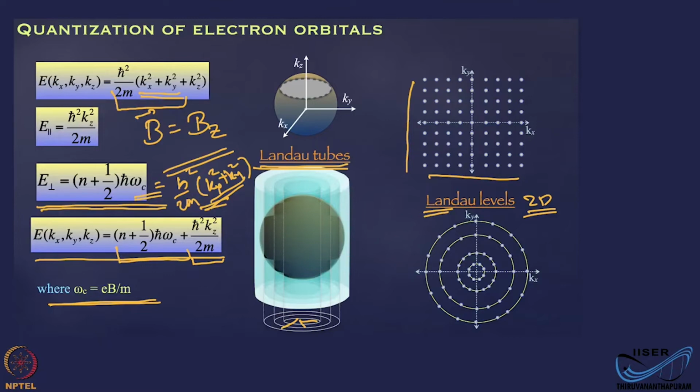Otherwise, it will undergo scattering and won't get a chance to complete its circle, and the whole motion will not be simple harmonic, and you will not have any quantization. So the condition here is that you have far fewer scattering events, and electrons get ample time to undergo the cyclotron motion. That is the condition, and this happens at somewhat higher field.